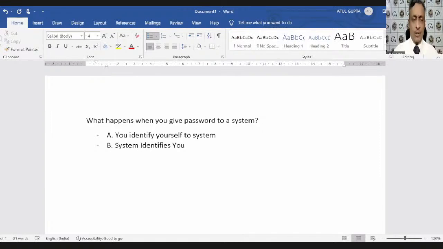What happens when you give a password? We are trying to create a framework to understand enterprise risk management, and the trade-off when you talk about risk management. I'm creating an option for you to visualize how entities respond to this situation. It's a good question to remember, part of the exam. What happens when you give a password to a system? Do you identify yourself to the system, or does the system identify you?